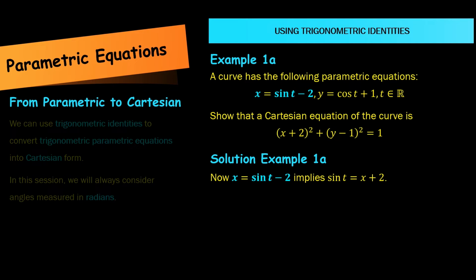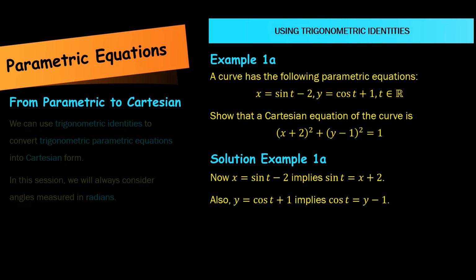Now x equals sine t minus 2 implies that sine t equals x plus 2. We also have that y equals cos t plus 1 implies cos t equals y minus 1. We know that sine squared plus cos squared is identical to 1.